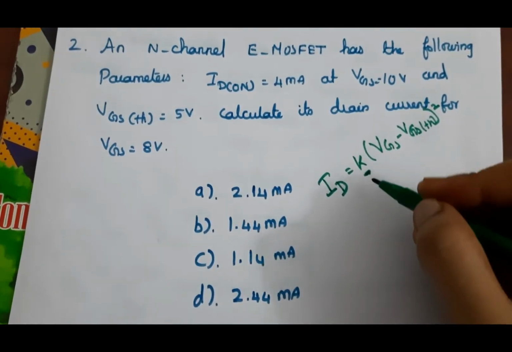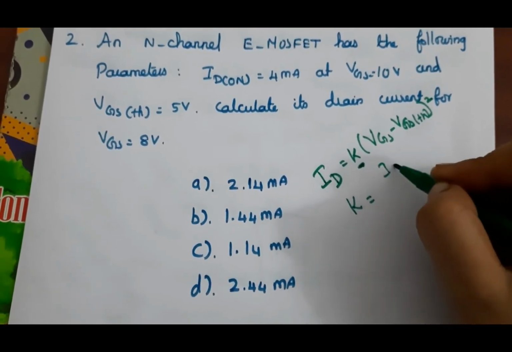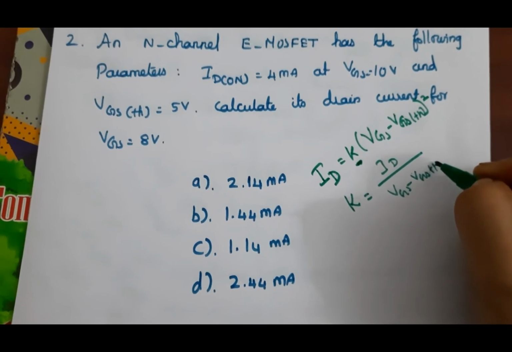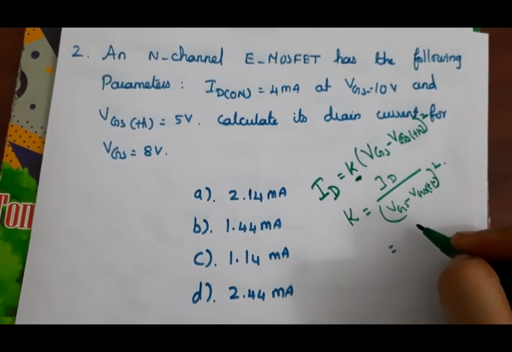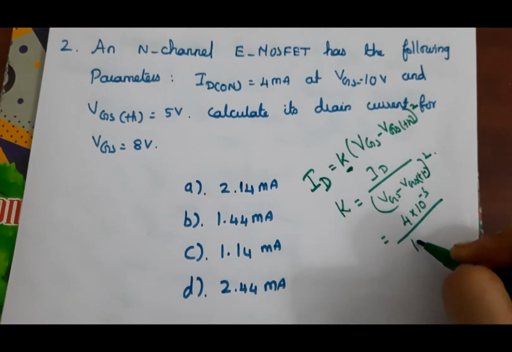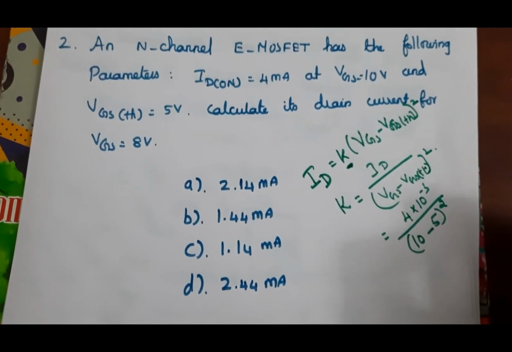So K, from this equation itself we can find K, that is equal to ID divided by VGS minus VGS threshold, the whole square. And here ID is equal to 4 milliamps and VGS is 10, threshold voltage is 5, the whole square.